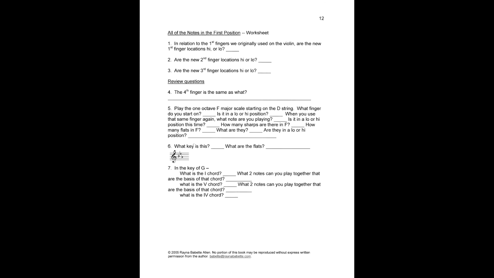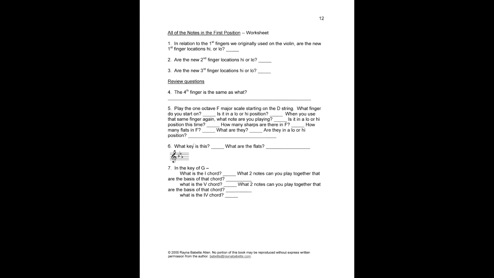Okay, I hope you paid attention to your finger positions because here we go. You just played a 1 octave F major scale starting on the D string. What finger did you start on? You should have started on the second finger. And was that in a high or a low position?